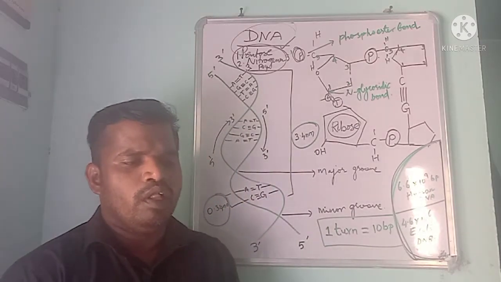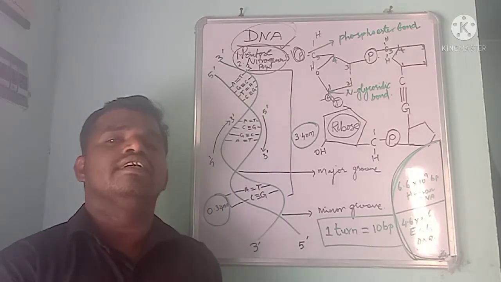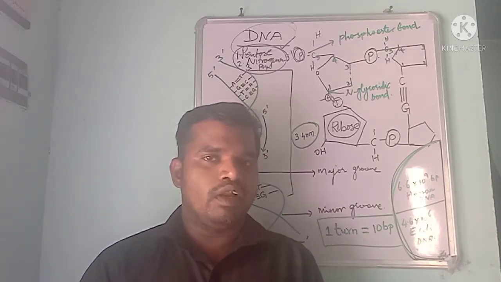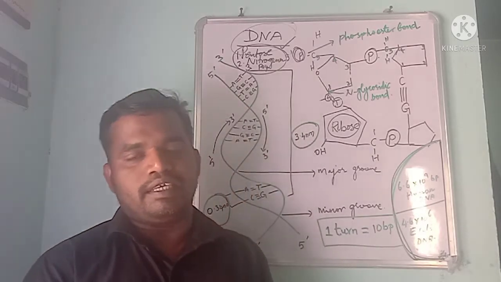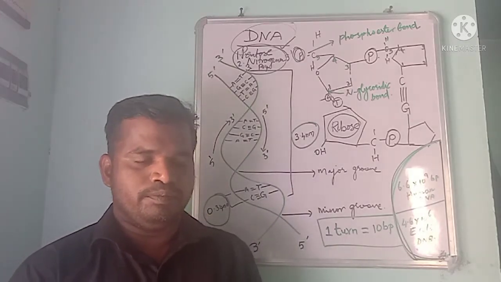How do we know that DNA or RNA is the genetic material? We discussed in the previous class the Griffith experiment as well as the Hershey and Chase method. What was the conclusion of Griffith's experiment?